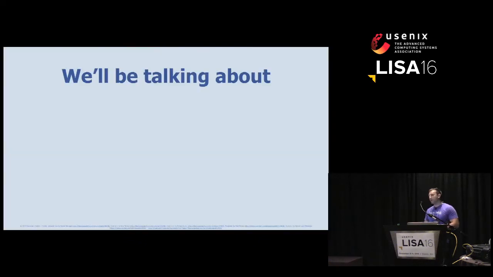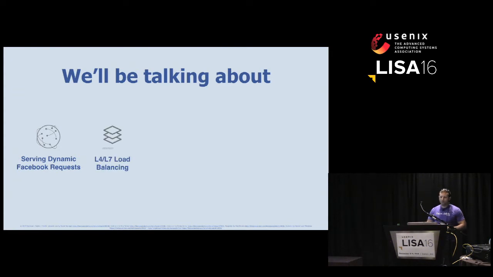So just to quickly go over the agenda for today, we'll talk about the different types of requests that make up Facebook. And specifically, we'll talk about dynamic requests. Then we'll dive into the actual protocol level and talk about how we do load balancing at layer 4, layer 7, and layer 3 in the OSI model.